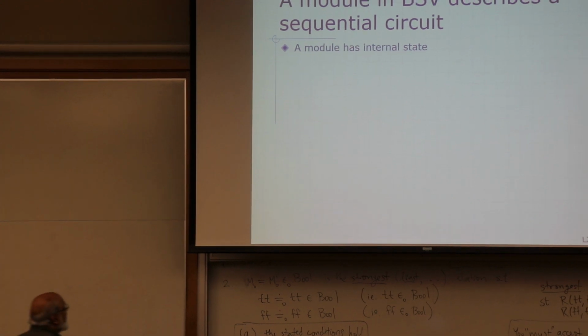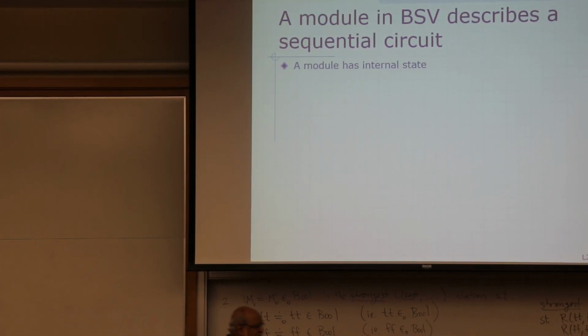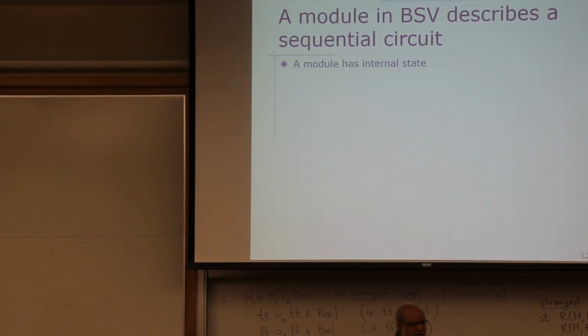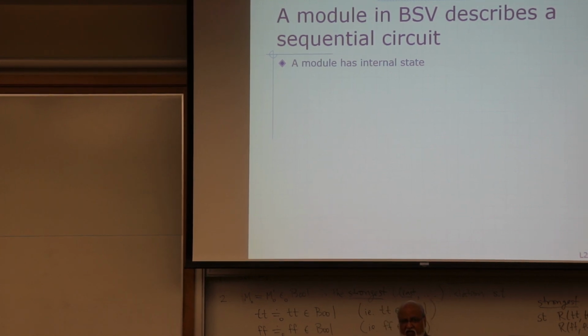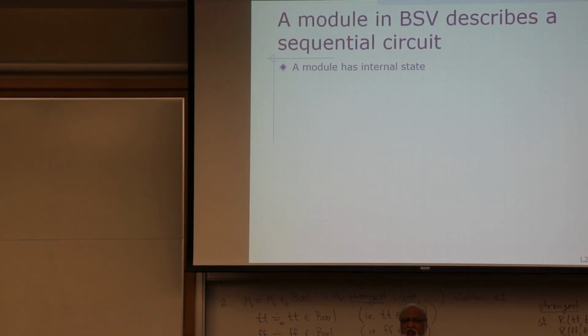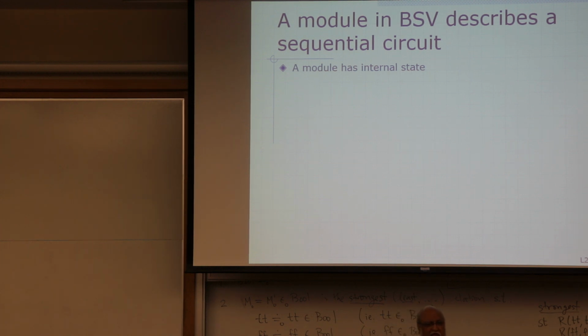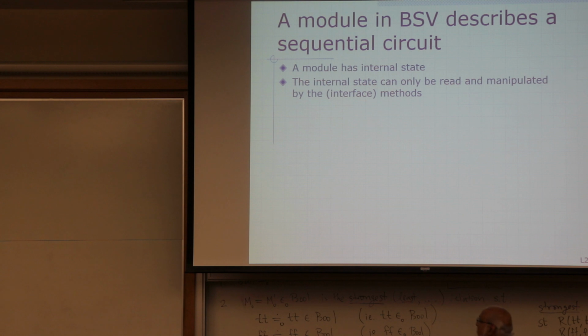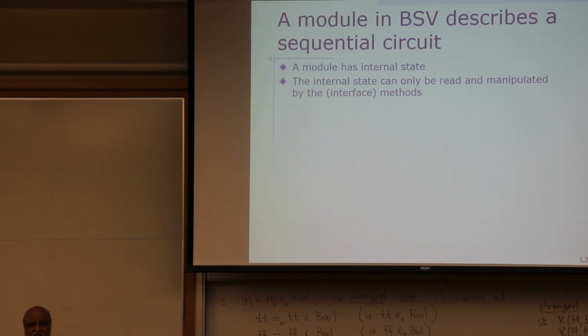Now, a module in BSV describes a sequential circuit. This is what you have to internalize. Every time I use the word module, a sequential circuit will be produced. The compiler will help us produce that sequential circuit. It has internal state, which can only be read and manipulated by interface methods.